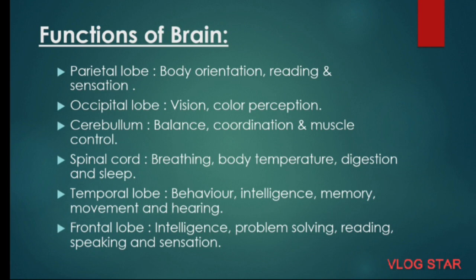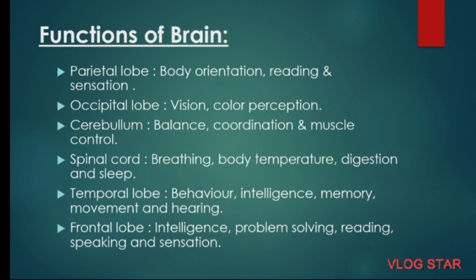This is carried out by the occipital lobe. Next part is the cerebellum. It is involved in balance, coordination, and muscle control. Next, about the spinal cord: breathing, body temperature, swallowing, digestion, and sleep. So these functions are carried out by the spinal cord.